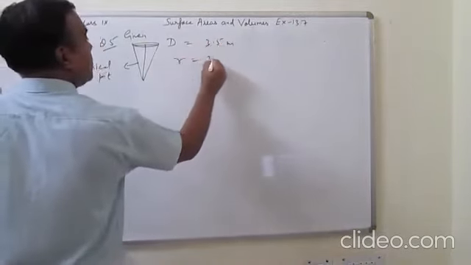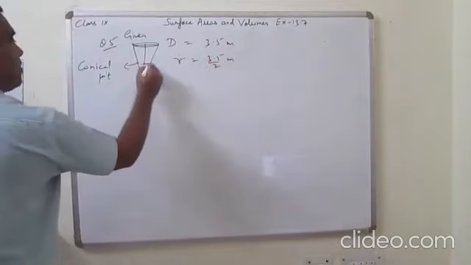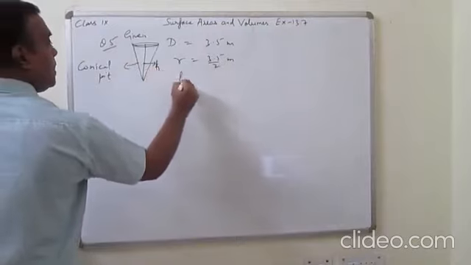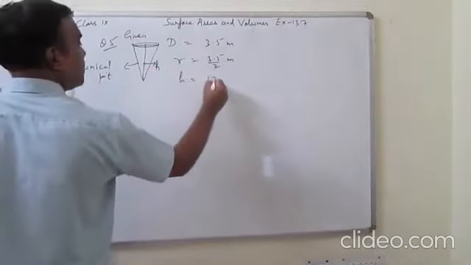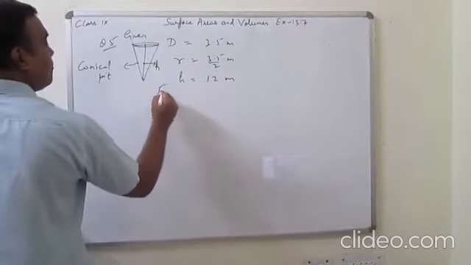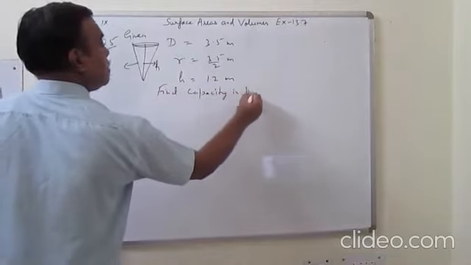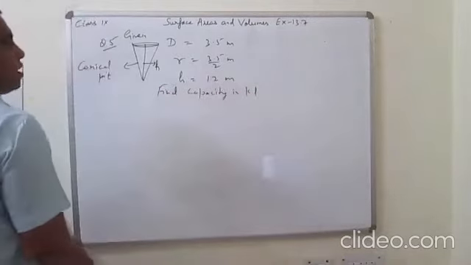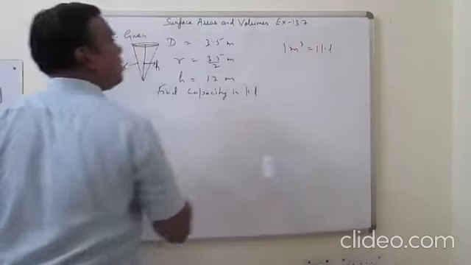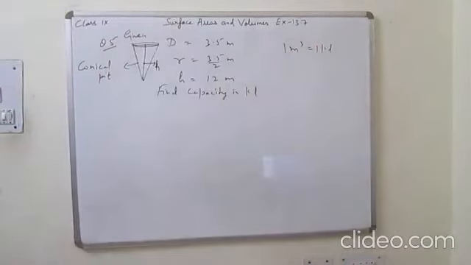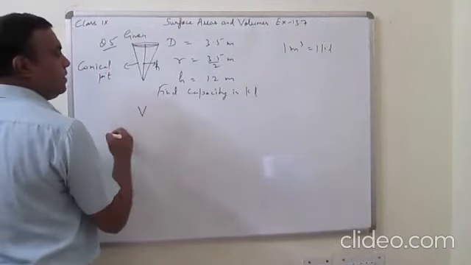So radius is 3.5 upon 2 meter, and its deep height is given to you as 12 meter. Find the volume, the capacity in kiloliter. So the answer will come in meter cube. We know that 1 meter cube is equal to 1 kiloliter. So first we find the capacity, the volume, in meter cube.